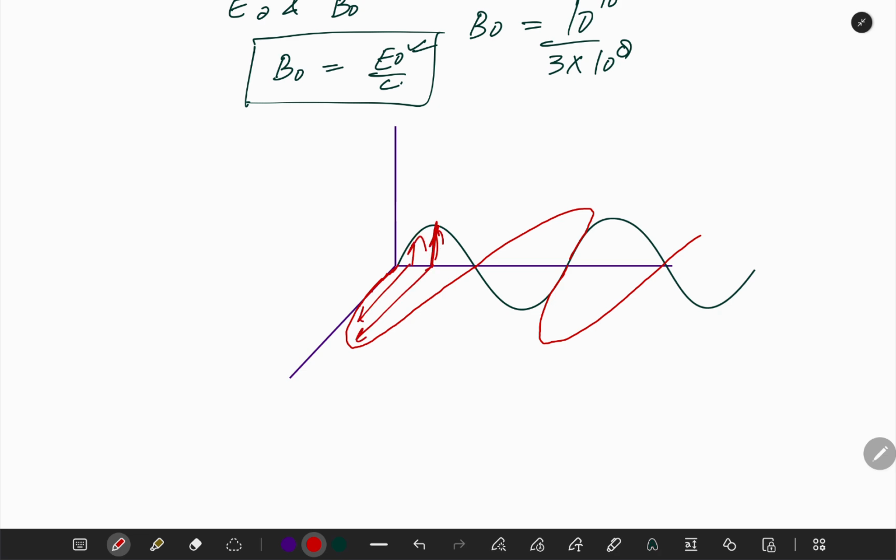It goes here, it goes maximum electric field, magnetic field goes maximum that time. Electric field becomes zero, then magnetic field also becomes zero. Now it increases, that also increases in the opposite direction.